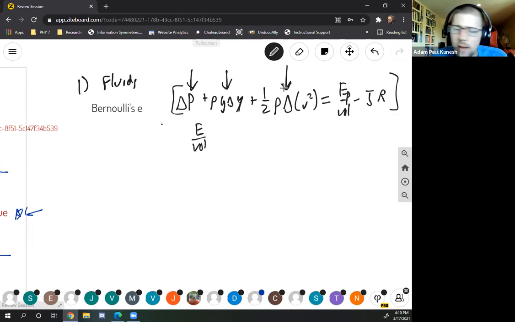This is a kinetic energy term. It has to do with how quickly the stuff is moving. There's a pump energy associated with an increase in energy flowing downstream associated with a pump between two points. And we've got a resistive term, which is the energy dissipated by friction in our fluid system.